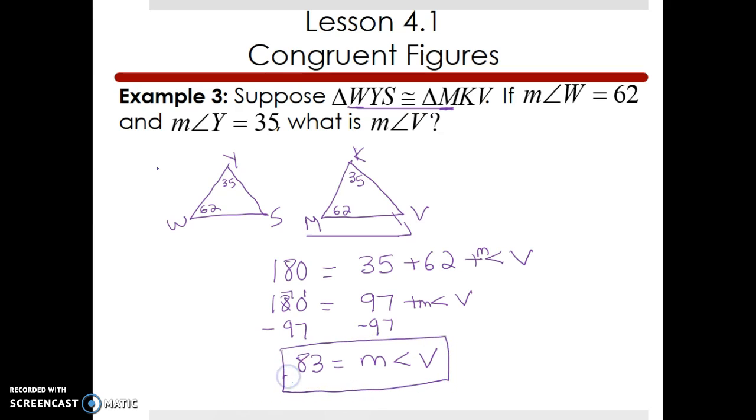Again, I got information for this triangle, but I had to find stuff for this one. So I just used the matching information to find V.